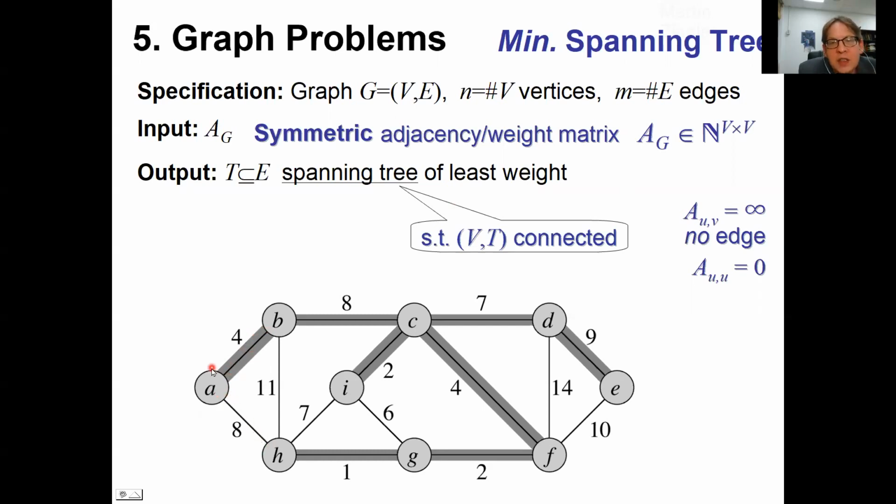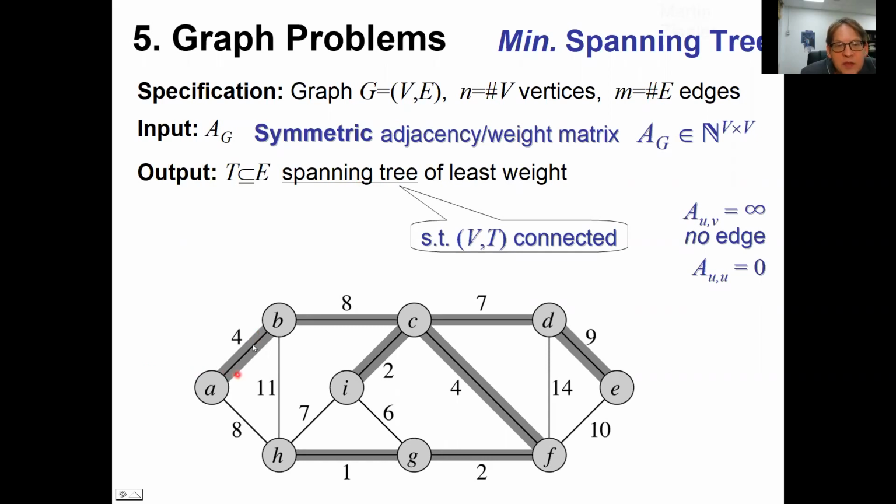All edges are, in this example, part of the input graph. That's kind of the specification, that's the input graph. And the fat edges, these are the edges of the output graph, namely of the minimum spanning tree of least weight. Let's verify that. Let's verify the property that this is a tree first.